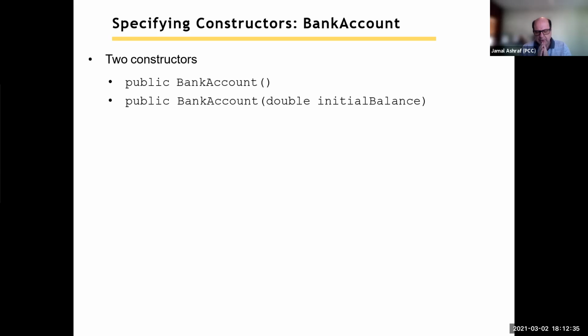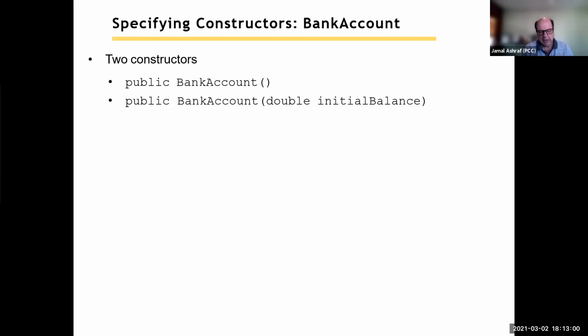That means I am going to be setting my instance variables to their default values. If I have parameters, I can have 1, 2, 3. I can have multiple constructors if I need more than one, and that's okay. Then those parameters are going to be setting my instance variables.